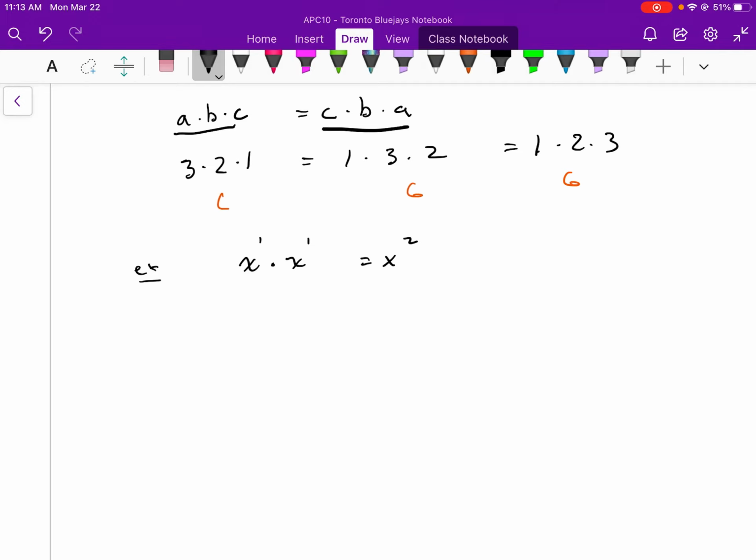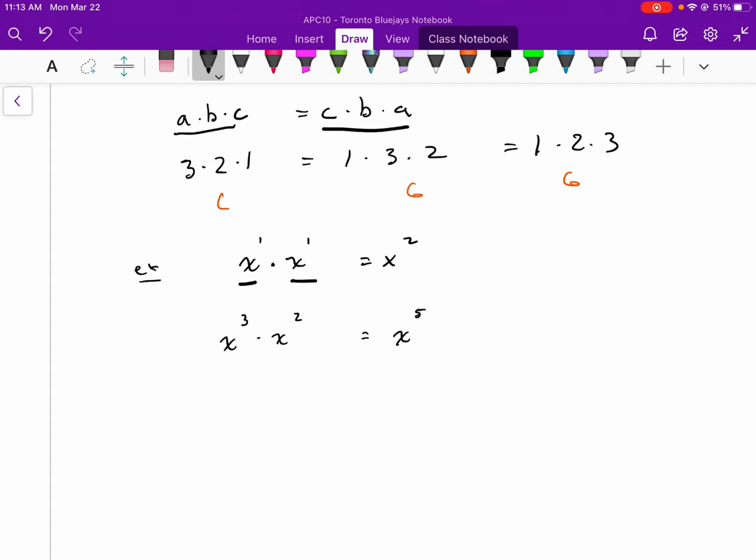The reason we add the exponents is that the exponent indicates the number of factors of x there are, and in x times x, there are 2 factors of x. So if I have x cubed times x to the power of 2, this would be x to the power of 3 plus 2, which is 5.